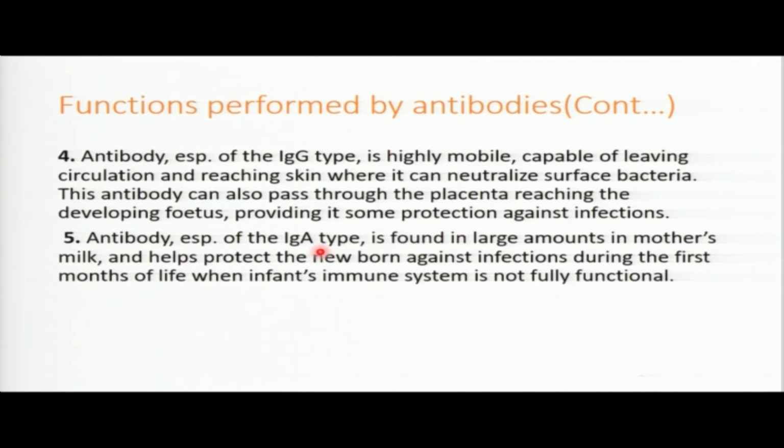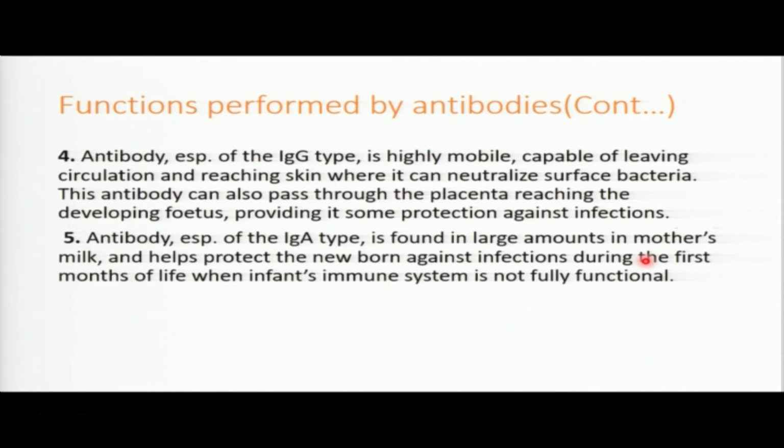We also have an antibody, immunoglobulin A, found in large amounts in mother's milk, and it helps protect the newborn against infection during the first month of life. Once the baby sucks the mother's breast milk, the baby can get that immunoglobulin A. And once the baby gets those antibodies, they can protect them through their life.